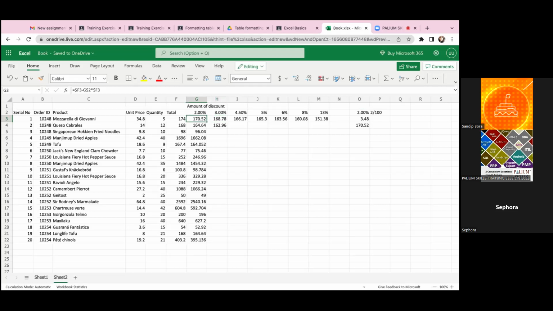Yes, sir, please tell me now. You're saying we have fixed row 2, because row 2 has all my percentage discounts. So G2 has become H2 in the second cell. H2, when I move to the right, will become I2.